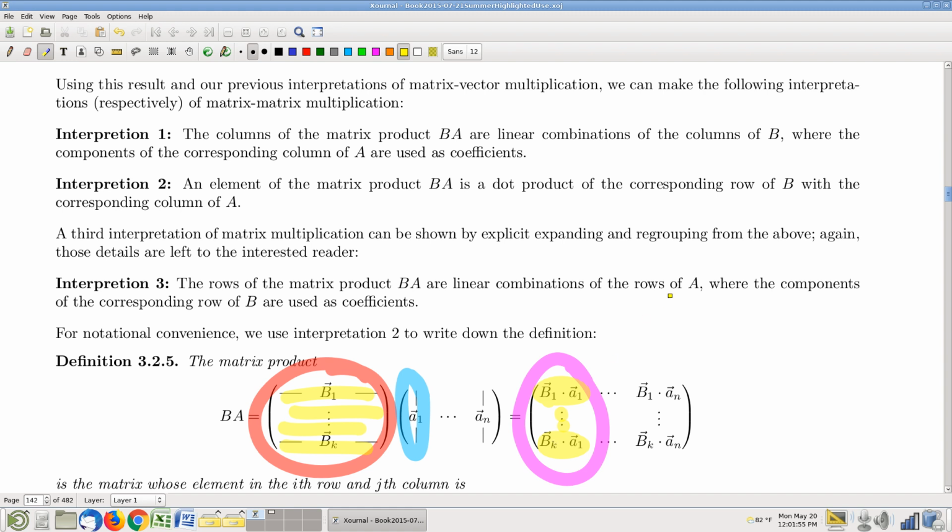Applying that to all the different rows, you get this other point of view on matrix multiplication.